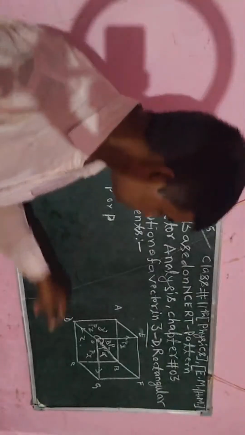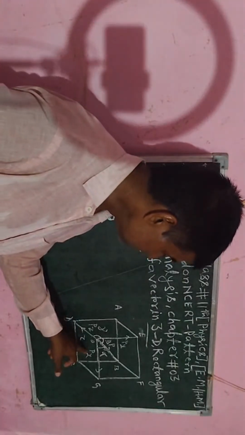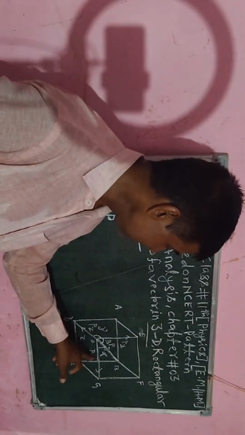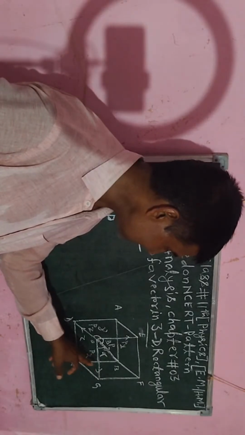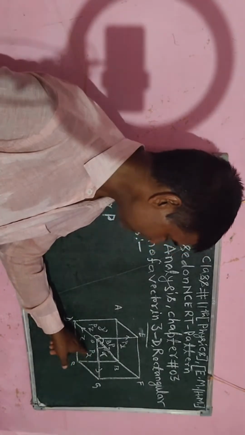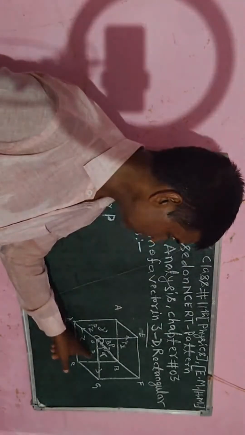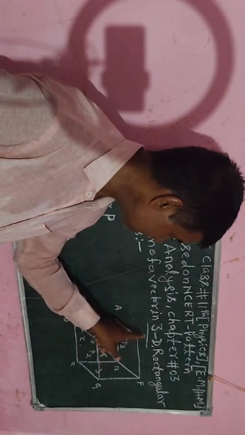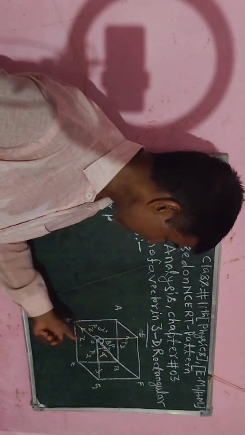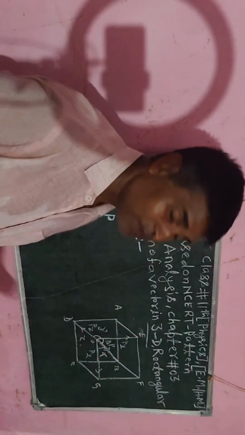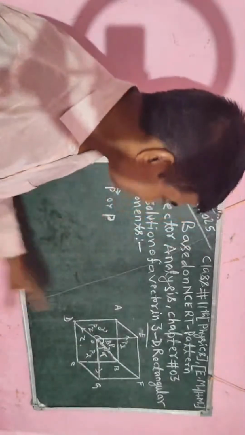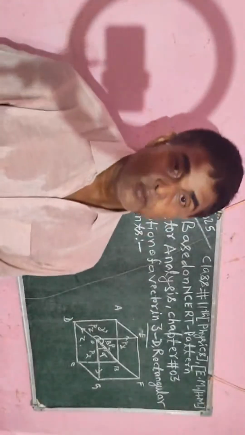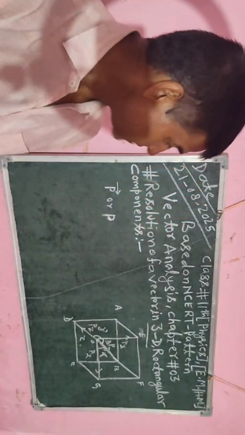Now here I have written px, which means the coefficient of the vector i cap along the x-axis. So px is the coefficient of the vector i cap, py is the coefficient of the vector j cap, and pz is the coefficient of the vector k cap. So these are the components, and all these components I will write properly for getting the concept.